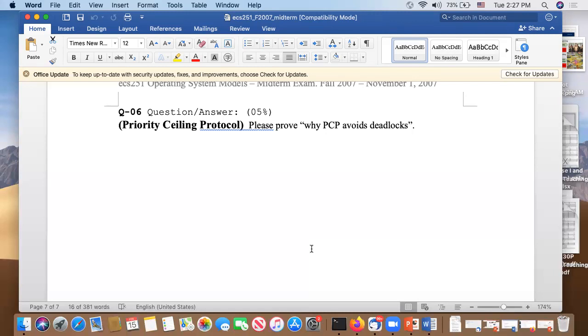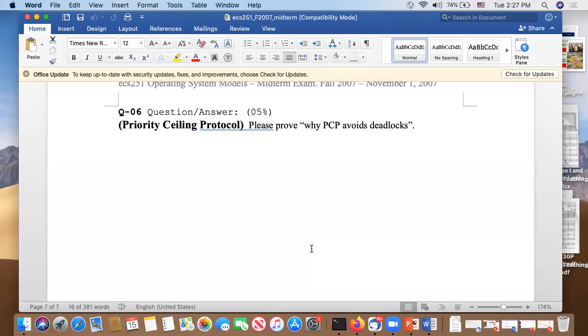So essentially, any deadlock must have a circular dependency. When you have a circular dependency, that means... I don't want to use a board because remote students cannot see. I will describe it. Any deadlock must have a circular dependency.